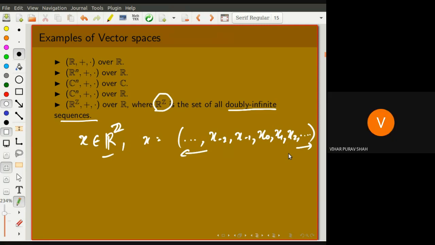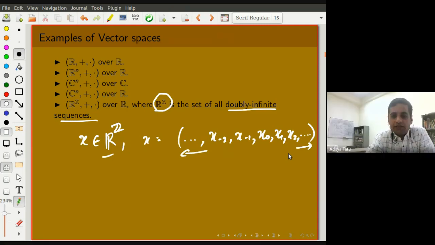This is nothing but a discrete time real valued signal. Here again, I'm not writing this, but the vector space addition would be element-wise addition, and scalar multiplication is again element-wise multiplication with the scalar.